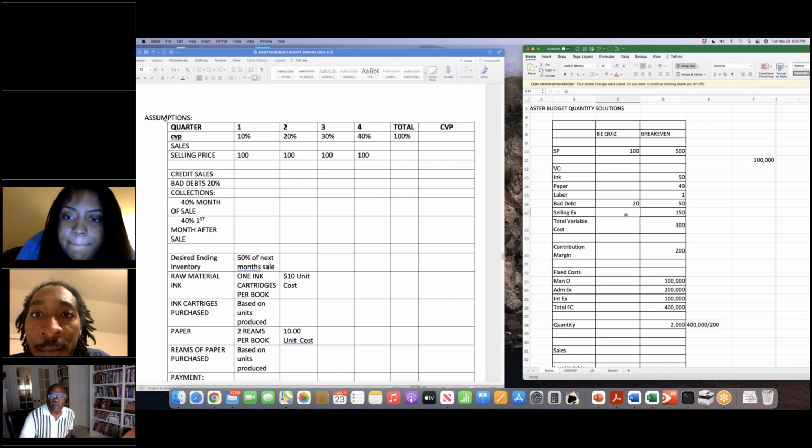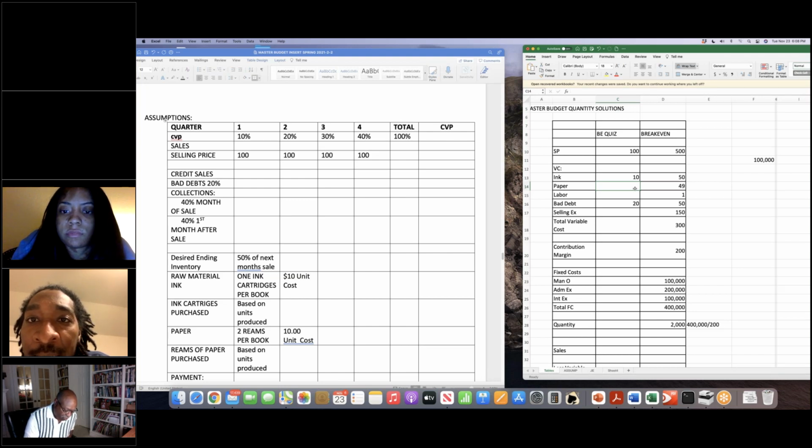Raw materials for ink was 1 for 10, so that was 10. The paper was 2 reams of paper for $10, so that was 20.